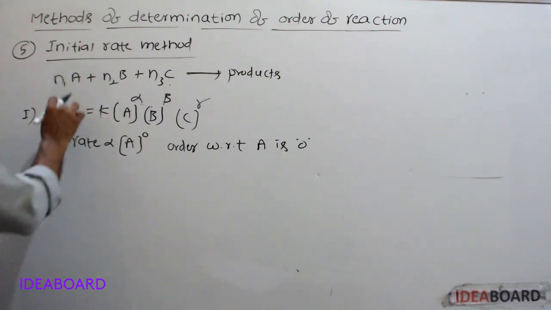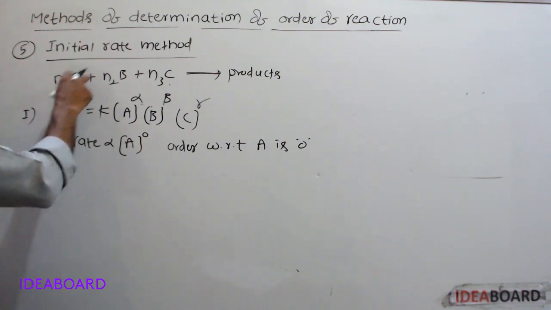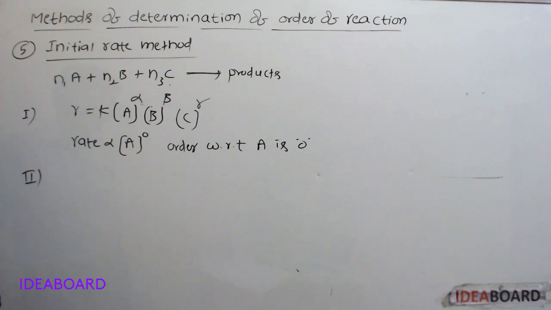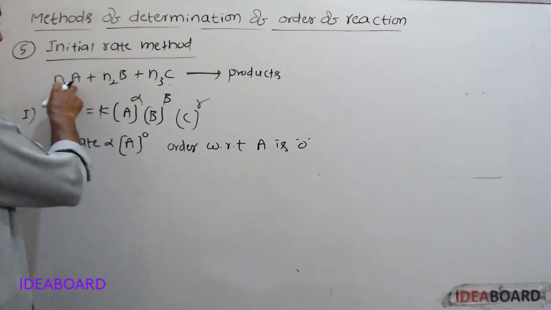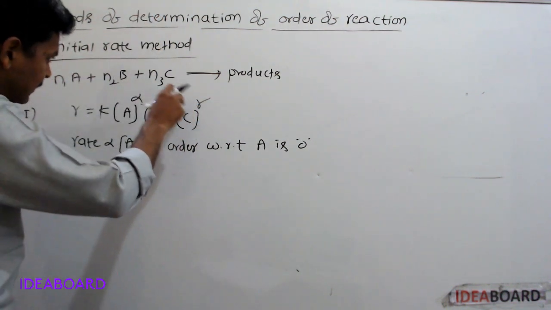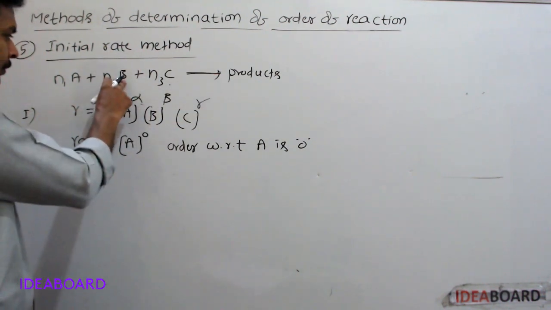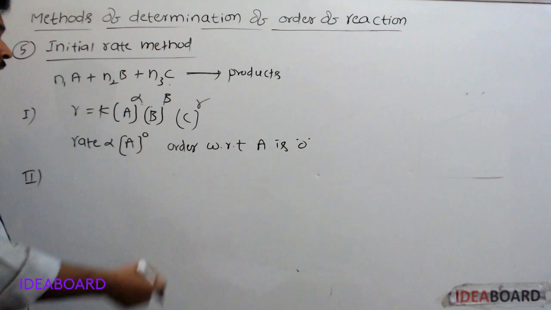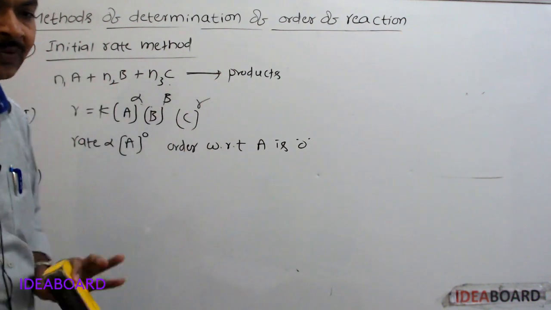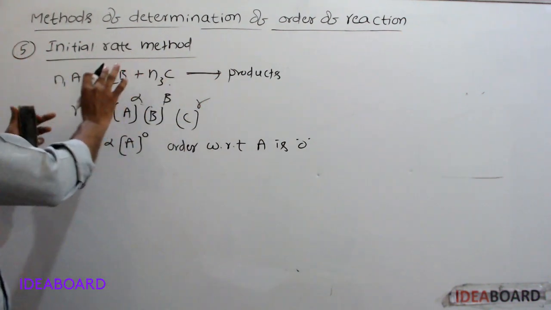Second experiment, by keeping A concentration and C concentration constant, if B concentration is doubled, then rate of reaction also becomes double. Just let us assume like that first.